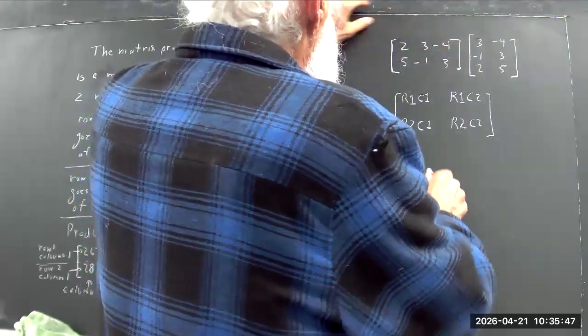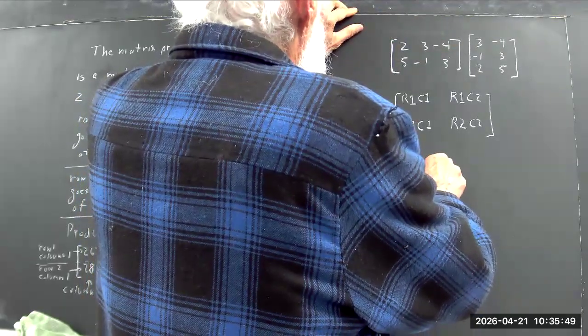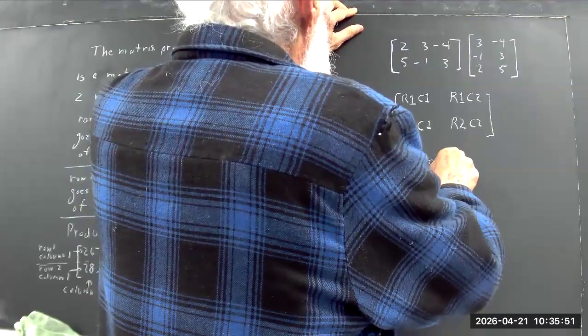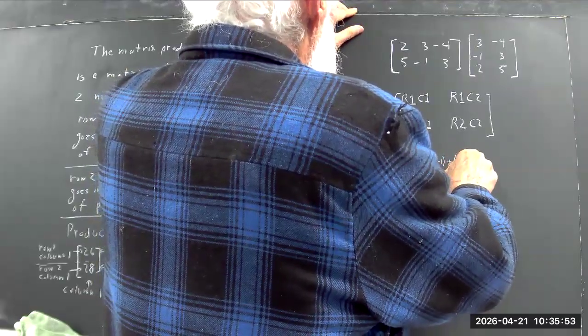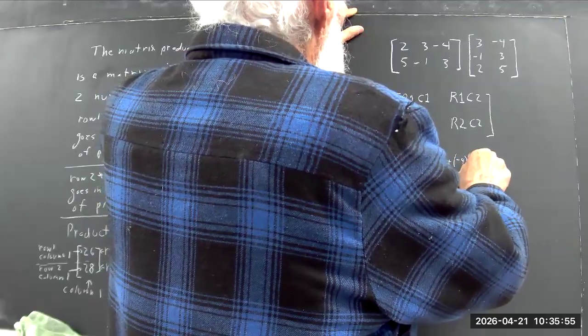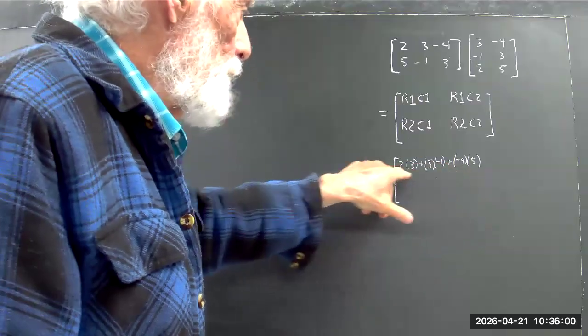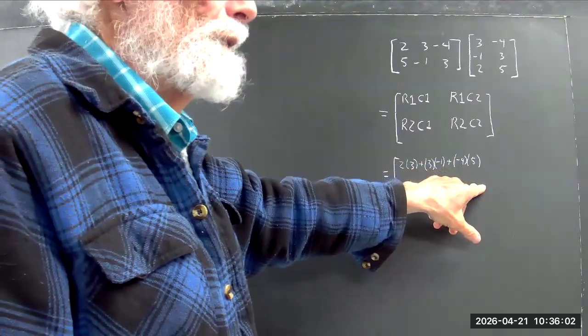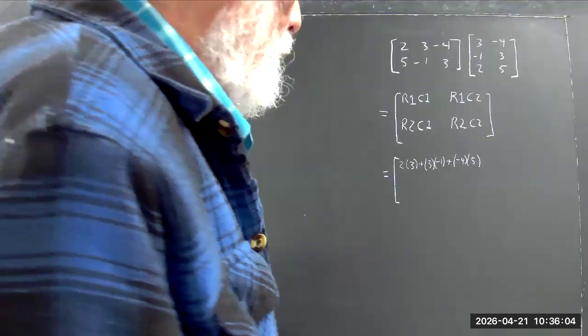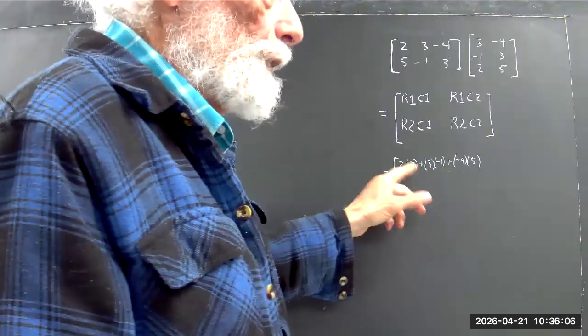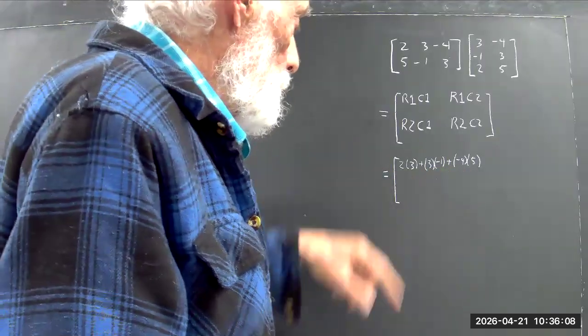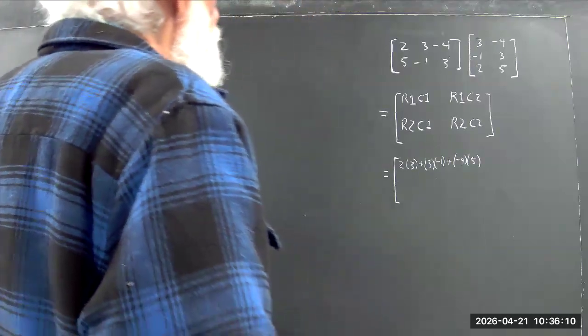That's 2 times 3 plus 3 times -1 plus -4 times 5. Now that's a lot of numbers, but that is just an addition of 3 products. And when we do the arithmetic, it's going to be a single number and it's going to go in the upper left-hand corner of the matrix.